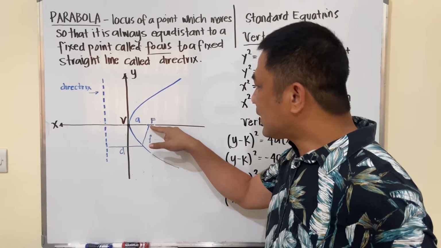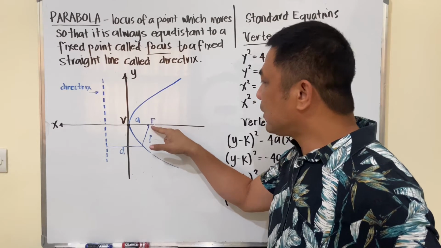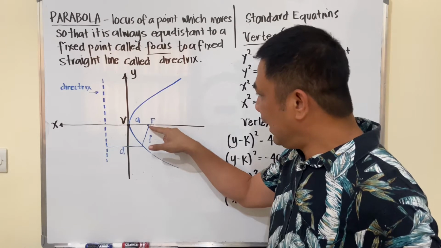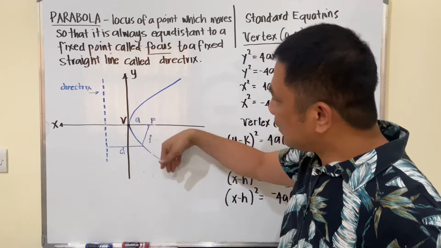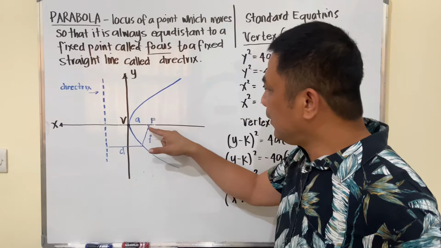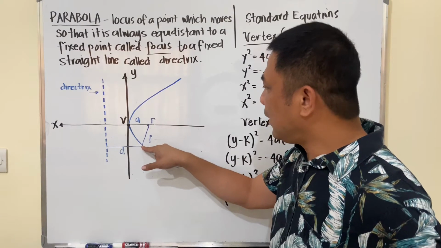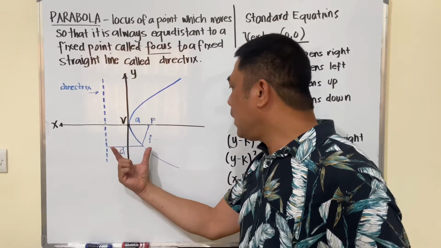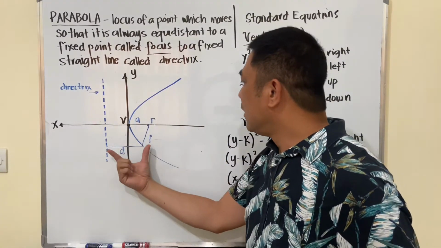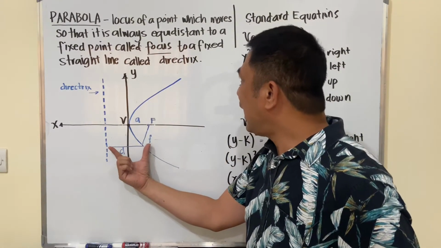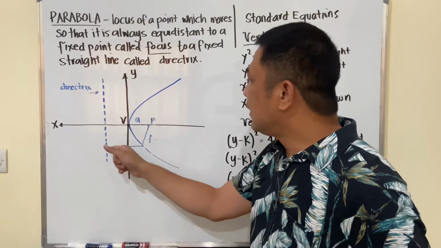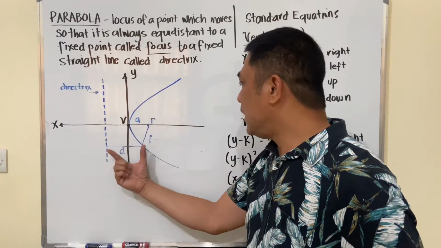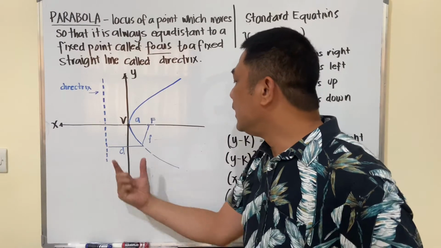If you extend a line going to any point of the curve, for example at this point, this distance is always equidistant to a fixed line called the directrix, which is this one. So this F is equal to D here.